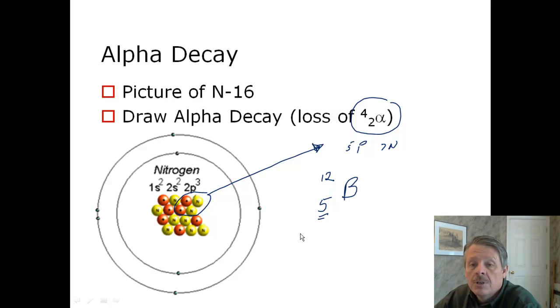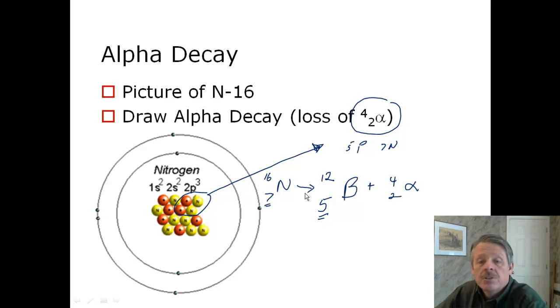So this is going to be boron 12. And so we got a 4 and a 2, which is an alpha particle. And you'll notice the 4 and the 12 add up to 16, and the 5 and the 2 add up to 7. So that started as nitrogen, because number 7 is nitrogen, and this started as nitrogen 16. And it broke apart all by itself, no intervention from us, into boron and an alpha particle.